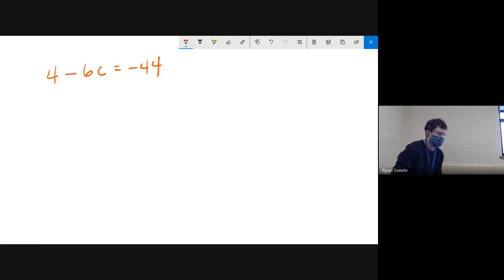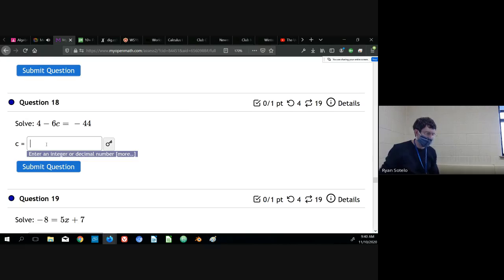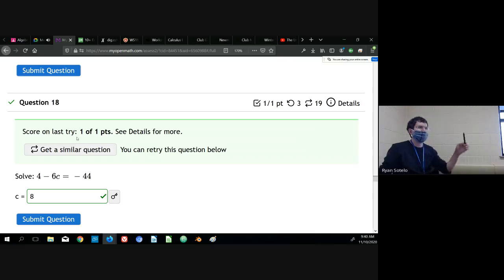You subtract 4 from negative 44, so negative 48. And then take negative 48 divided by negative 6. Good. Then C will equal that. That should be 8. Very good. That's a two-step problem, because you first had to add or subtract, then you divided.